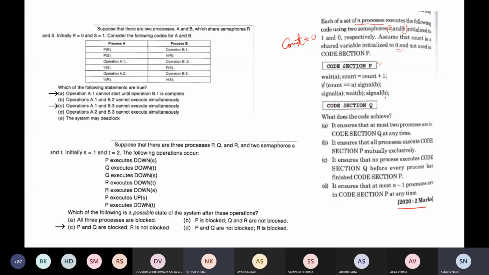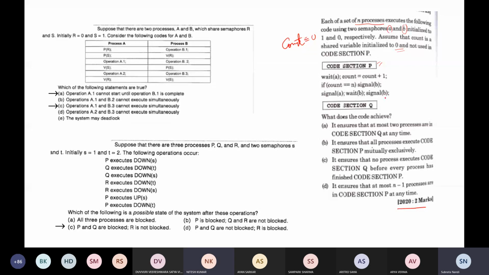Sir, maybe all the processes should exit simultaneously for that. Try to answer in terms of the option, and then let's find out the reason.